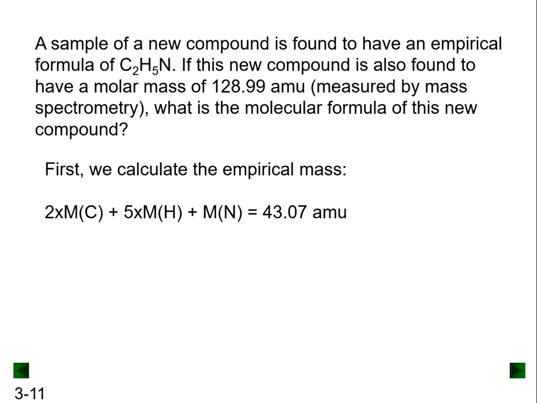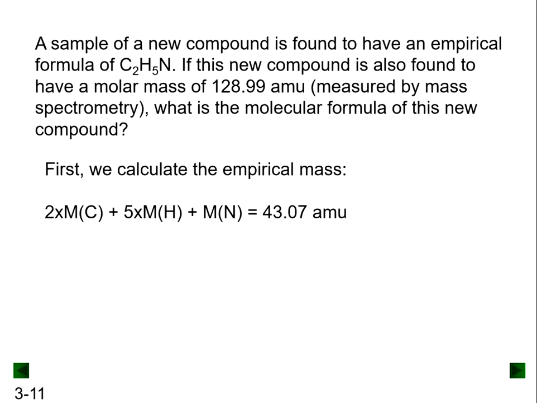That is the formula mass for the C2H5N species. So we take 2 times the atomic mass of carbon plus 5 times the atomic mass of hydrogen plus the atomic mass of nitrogen, which gives us 43.07 atomic mass units.